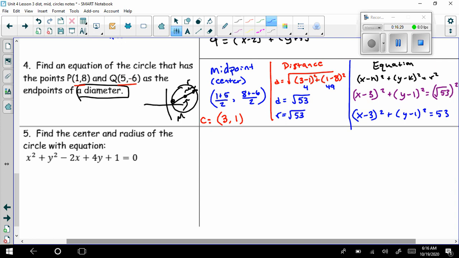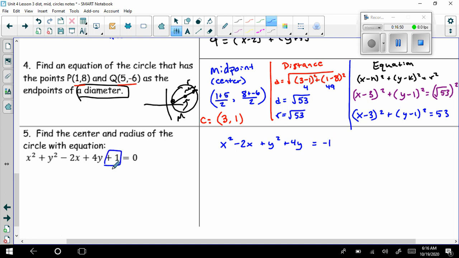All right, one more here. You can see, obviously, this one looks a little bit different. I'm going to go ahead and rewrite this so that my like terms are together. So we have x squared minus 2x plus y squared plus 4y. And I'm going to set this equal to -1.